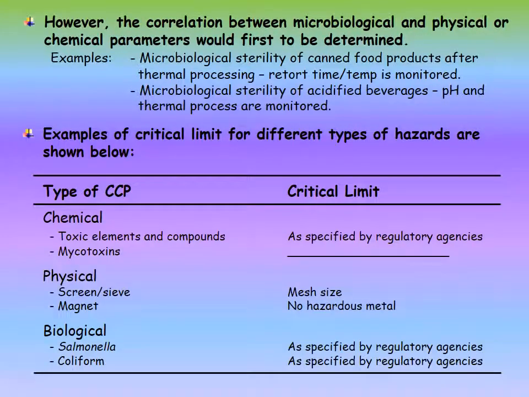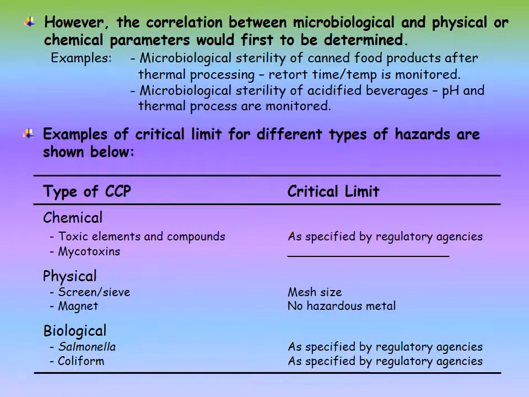So you can see from here some examples of the critical limit for different types of hazard. From this table you can see a type of CCP is chemical, for example mycotoxin.